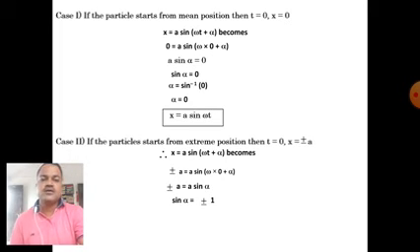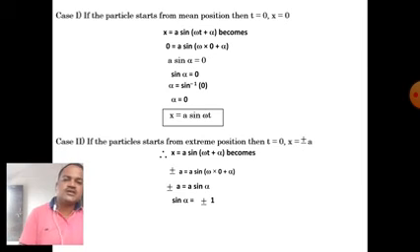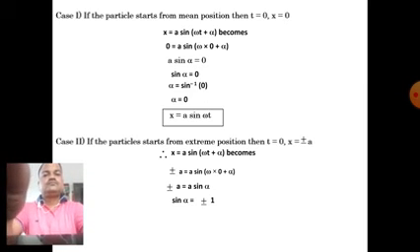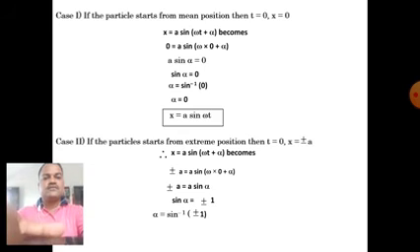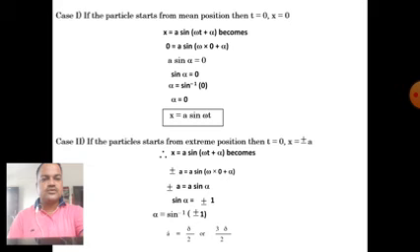So the value of sin varies from plus 1 to minus 1. Sin pi by 2 is plus 1, sin 3 pi by 2 is minus 1. So alpha is equal to sin inverse of plus minus 1, alpha is equal to pi by 2 or 3 pi by 2. We considered here pi by 2.